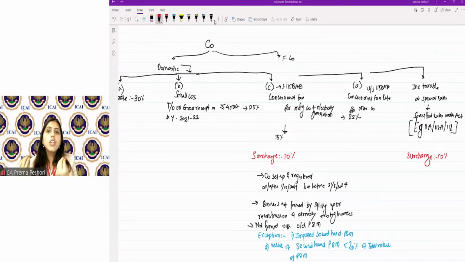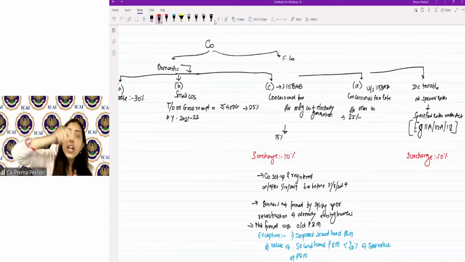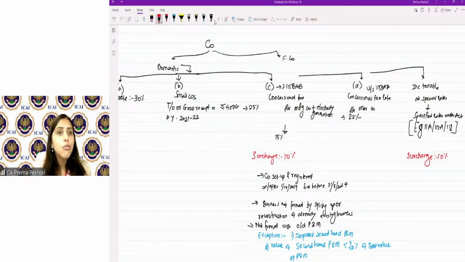For them, the surcharge will be 10%, irrespective whether their income is taxable under 115BAB or under 112, 112A or 111. So though I will go with the tax rate under 111A, 112 or 112A, my surcharge will remain as 10%. That is coming through Finance Act and not through 115BAB. Are we clear? Yes or no?